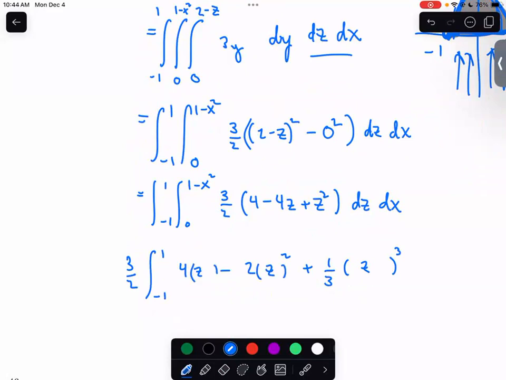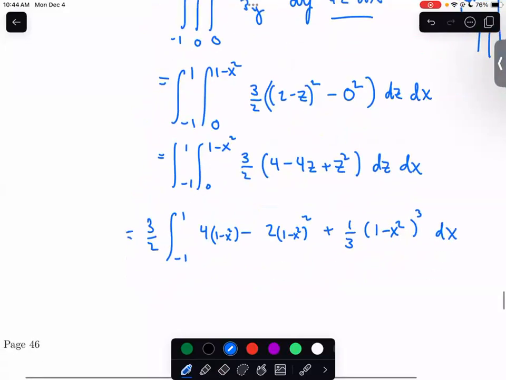I left myself enough room here because my next step is to evaluate that from 0 to 1 minus x squared. If I swap out everywhere I see a z for 1 minus x squared, I would get something like that.